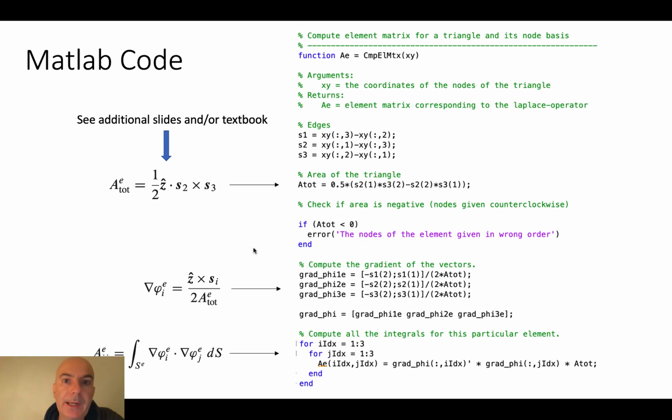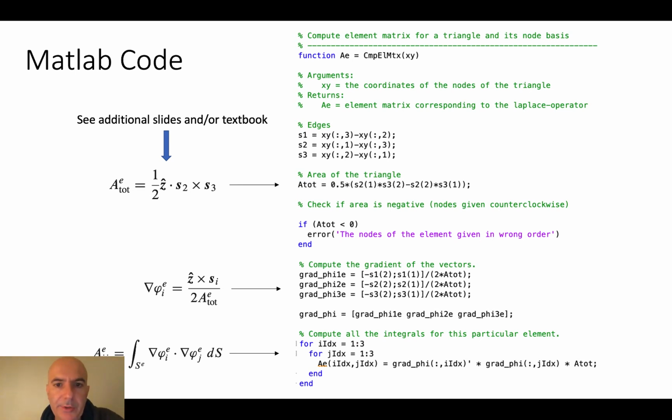So just to summarize, this is a function that takes as argument the coordinates x and y of the 3 nodes of the element, and it gives as a result the element matrix that is a 3 by 3 matrix that we're going to use to assemble the global matrix. So this is the contribution for each element.